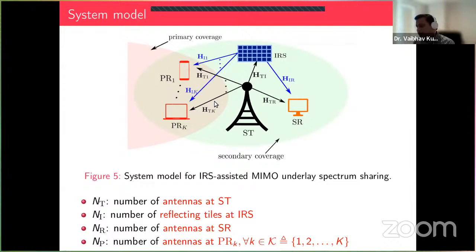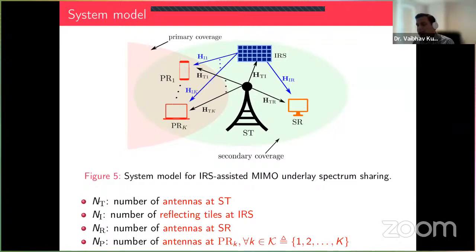The idea of spectrum sharing is that when a particular service provider uses a spectrum, it has to buy the license for that spectrum. But there are scenarios where that service provider or its users are not using the spectrum all the time, or even if they are using it.